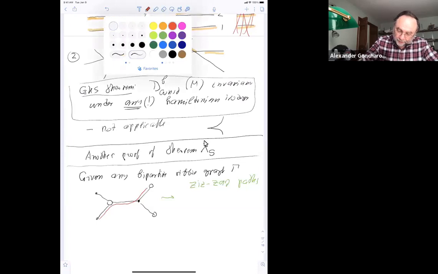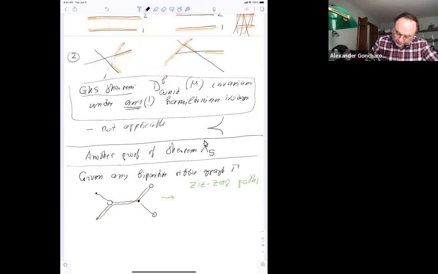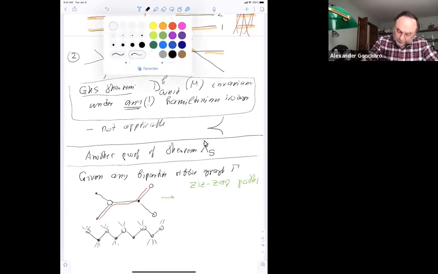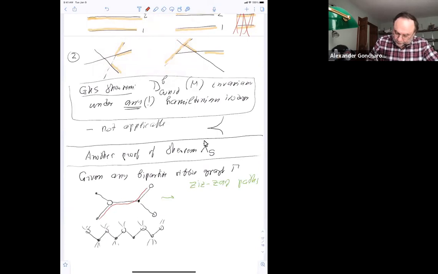If I want to draw a more complicated picture, you have something like that, and whatever may happen here, any number of edges can grow here. But when you move on this bipartite graph, you turn left at black, right at white, left at black, right at white, and so on. So this is a zigzag path.